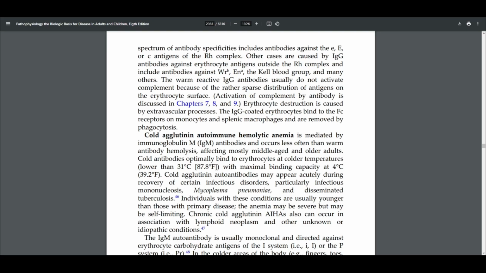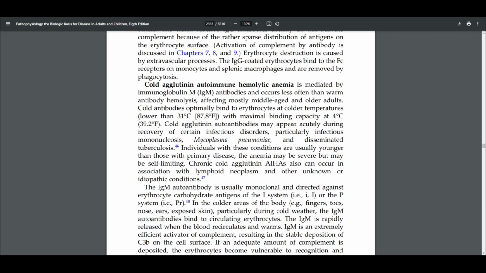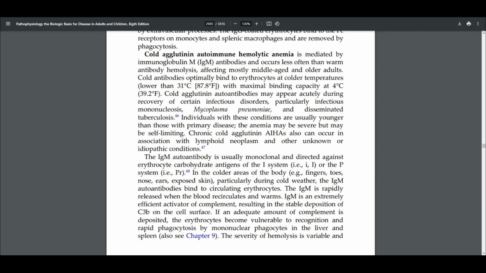Cold agglutinin autoimmune hemolytic anemia is mediated by immunoglobulin M antibodies and occurs less often than warm antibody hemolysis, affecting mostly middle-aged or older adults. Cold antibodies optimally bind to erythrocytes at colder temperatures. Cold agglutinin autoantibodies may appear acutely during recovery of certain infectious disorders, particularly infectious mononucleosis, Mycoplasma pneumoniae, and disseminating tuberculosis.